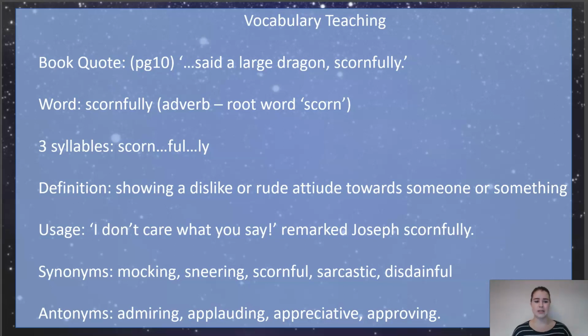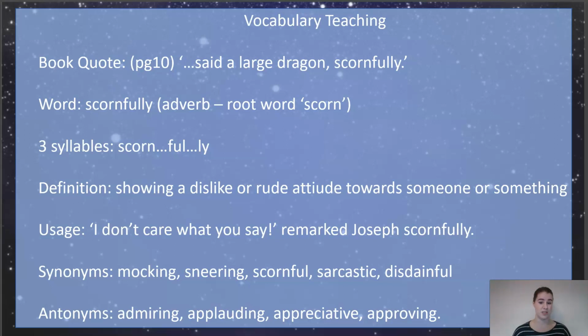But let's change that and have a look at our synonyms to see if it helps you understand the sentence even more. I don't care what you say, remarked Joseph mockingly, remarked Joseph sneeringly, remarked Joseph scornfully, remarked Joseph sarcastically, or remarked Joseph disdainfully. So we can turn those words into adverbs to describe how Joseph has made his remark. Now the opposite of scornful would be the opposite of being disrespectful or having a dislike towards someone.